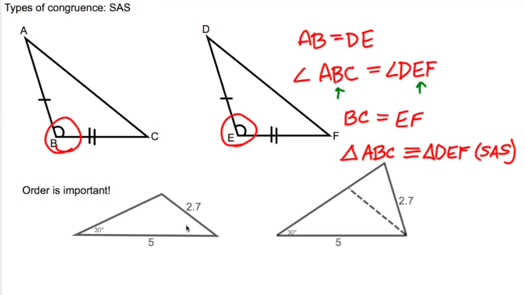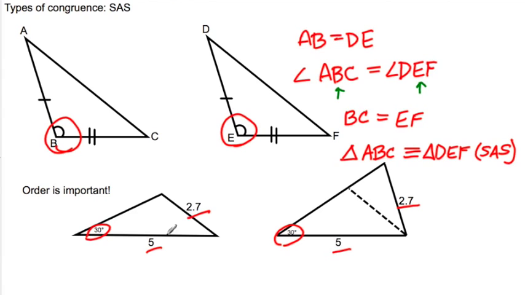Let's take a look at these two triangles. Here I have two separate triangles and the angle is not in between the two sides. I have side length 5 over here, side length 5 over here, side length 2.7 and 2.7, and angle 30.